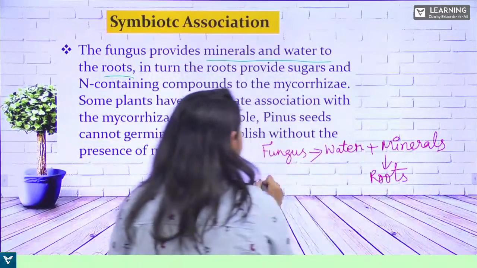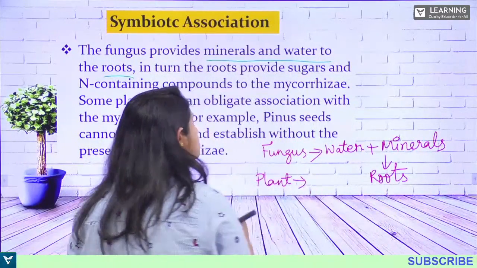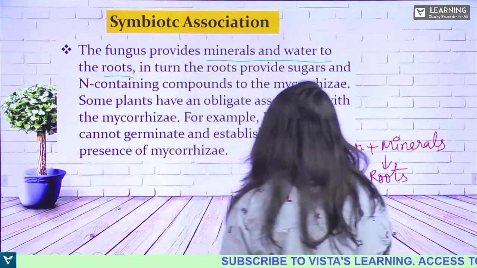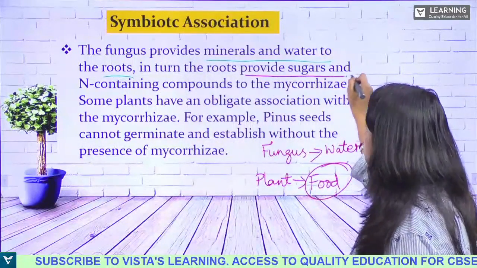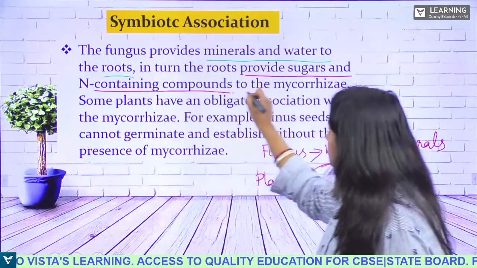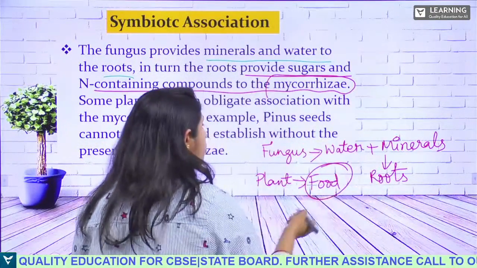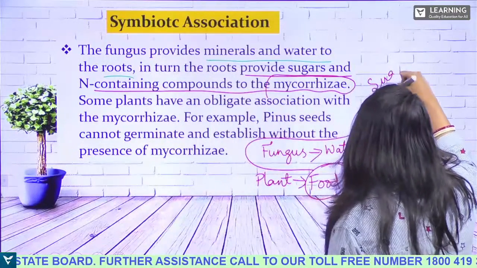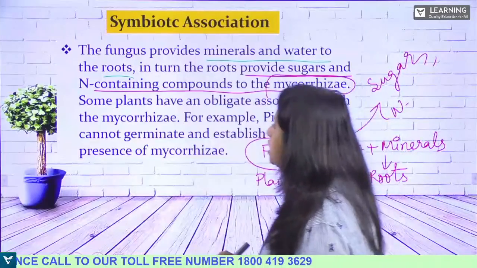And in return, what should the plant give to the fungus? The plant should provide prepared food: the root should provide sugars, glucose or sucrose, and nitrogen-containing compounds to the mycorrhiza.